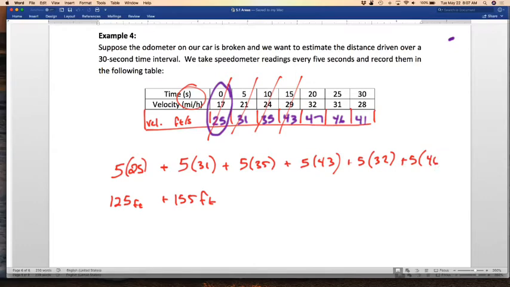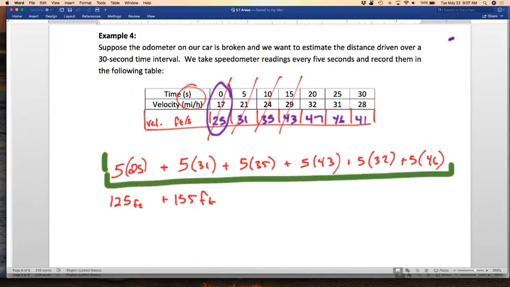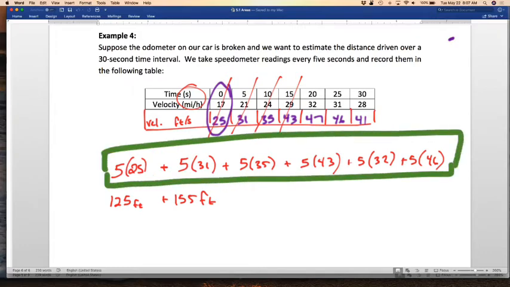I have 6 intervals of 5 seconds apiece. That's 30 seconds. So since I'm leaning towards the left-hand side of this, and for the first 5 seconds taking 25, I'm leaning to the left as we go along. And so what I don't catch is that 41.